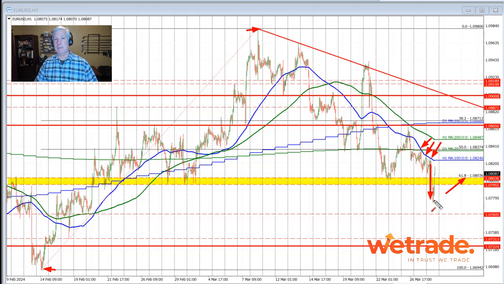So the sellers had their shot. They tried to push lower, tried to get down toward these next targets down through here. Couldn't quite get there, and then when the price started to move back above this area right here, the sellers turned to buyers and started to push the price back to the upside. Now, guess what is in play? Well, the 100-hour moving average, of course.